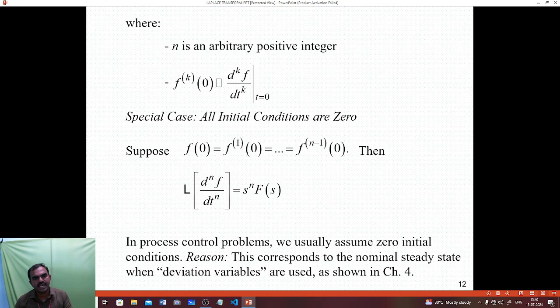Here n is an arbitrary positive integer and f power k of 0 equals d power k f by dt power k at t equal to 0. In the special case where all initial conditions are 0, suppose f of 0, f power 1 of 0, f power 2 of 0 and so on up to f power n minus 1 of 0 are all 0. Then L of d power n f by dt power n equals s power n into F of s.